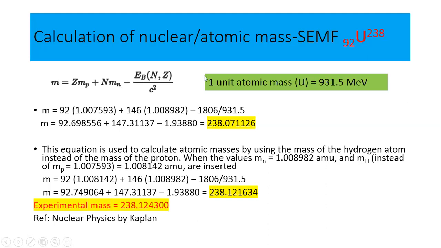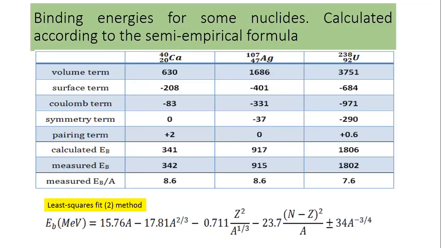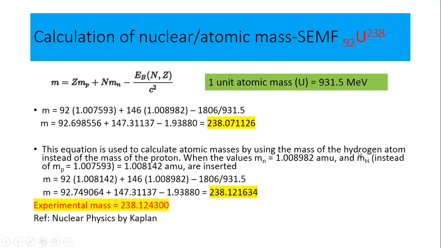This is the binding energy multiplied by c squared. So there is no need to divide by c squared and then convert into energy in mega electron volts. I will simply use this conversion unit. So let's see what is happening. 92 protons and one mass of proton is this. 146 neutrons and the mass of one neutron is this, and minus this is the energy we calculated in the previous example, here 1806.